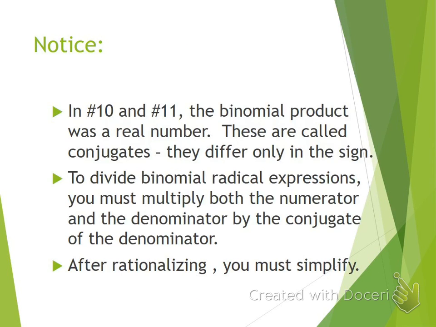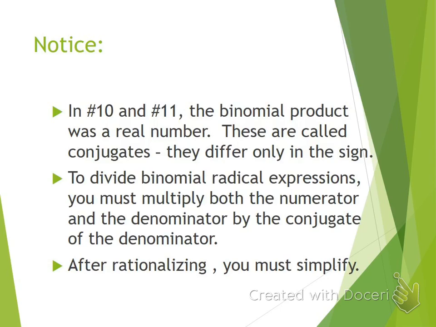Notice in numbers 10 and 11, the binomial product was a real number. These are called conjugates. They differ only in the sign. We talked about conjugates a little bit back in chapter 6, you might recall. To divide binomial radical expressions, you must multiply both the numerator and the denominator by the conjugate of the denominator.